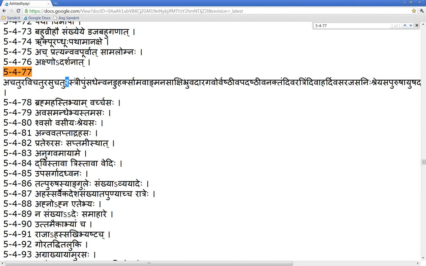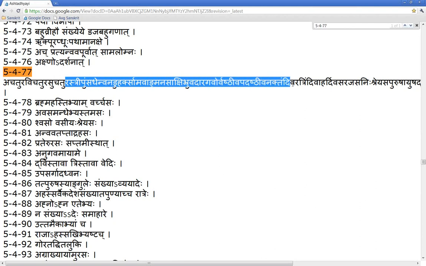These dvandva compounds: Stri pumsa, dhenvanaduha, riksama, vangmanasa, akshibhruva, daragava, urvashthiva, padashthiva, naptandiva, ratrindiva, ahardiva. Let's count them now.